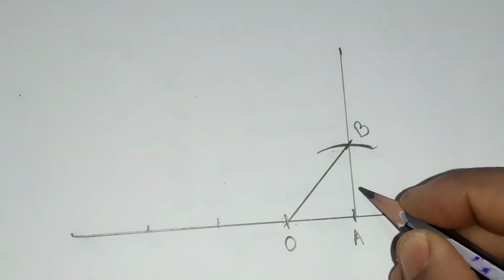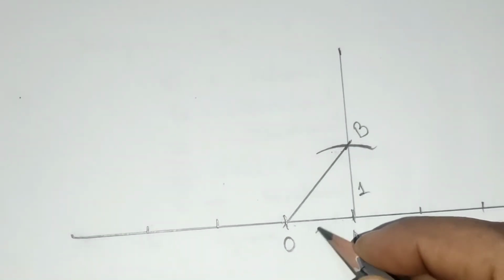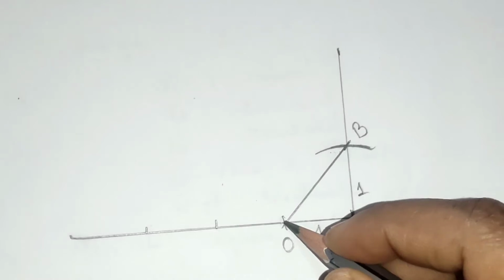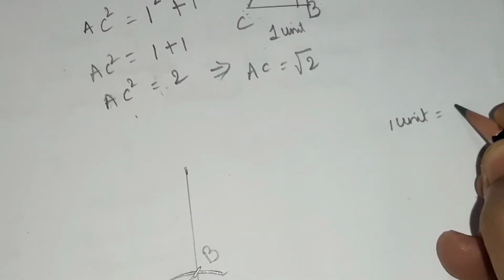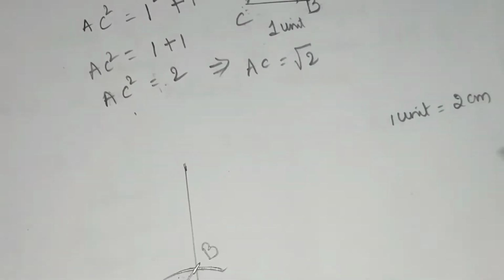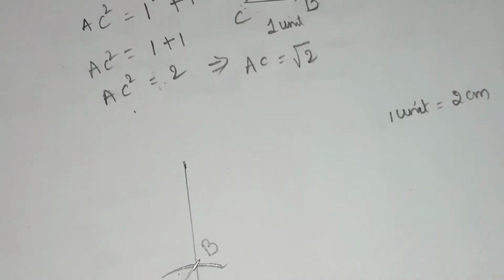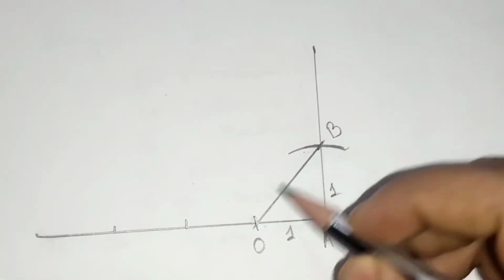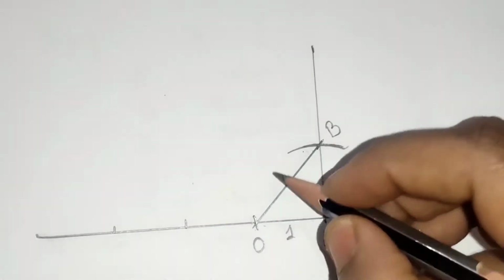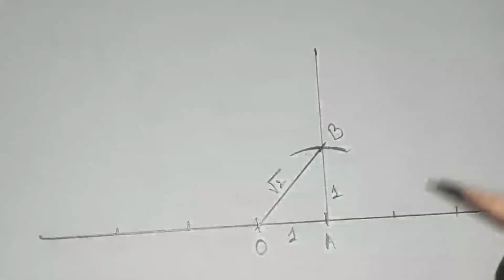This is 1 unit. According to me, 1 unit is equal to 2 centimeters. Now, what is the value of OB? The OB will be root 2.